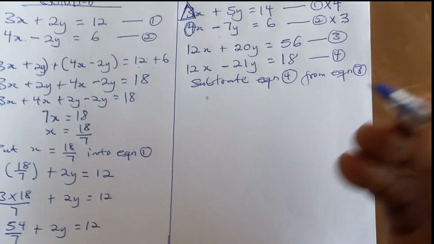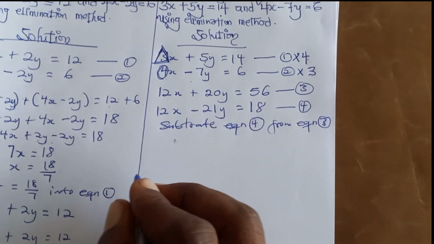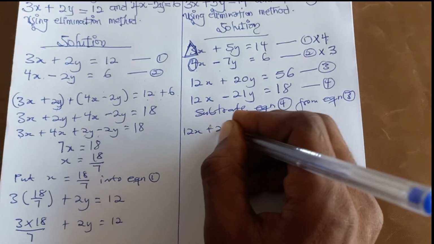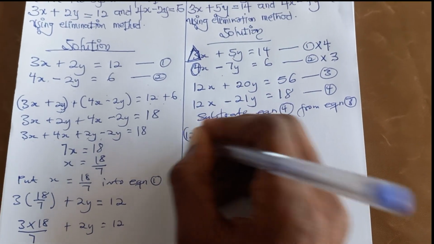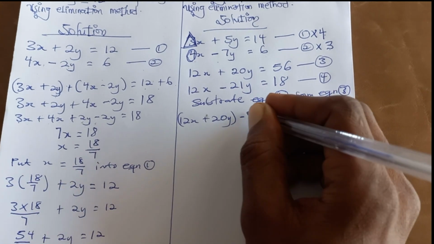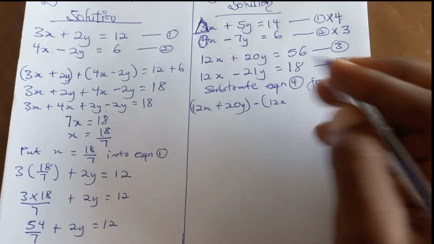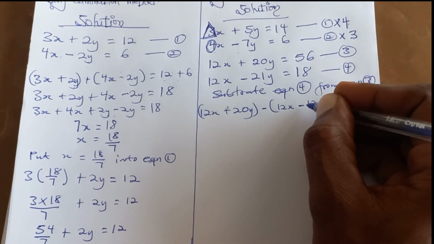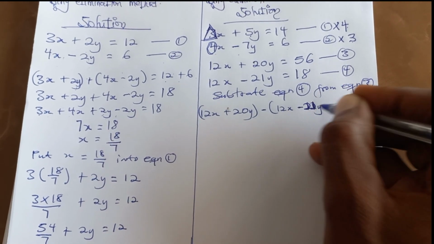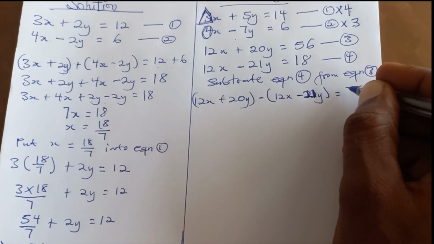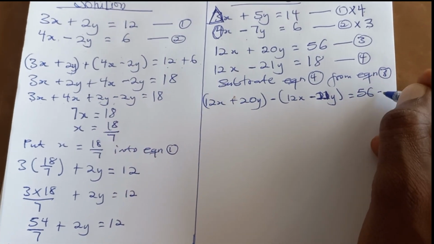So we are going to get 12x plus 20y, minus, in brackets, 12x minus 21y, which is equal to 56 minus 18.